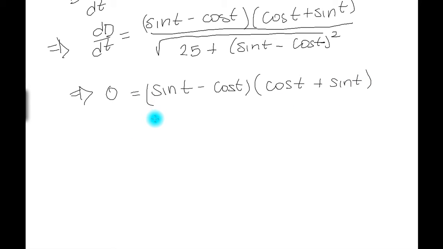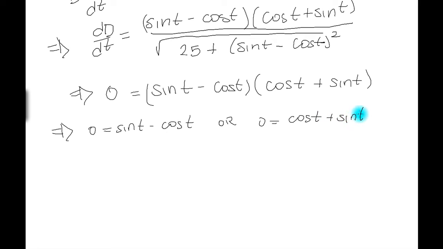Since we have the multiplication, we set each part equal to 0. So 0 equals sine of t minus cosine of t, or 0 equals cosine of t plus sine of t.